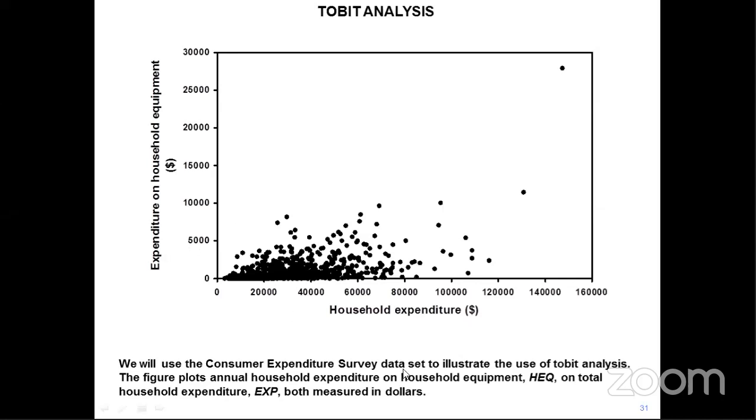So out of their total expenditure, how much the household spent on household equipment. Both of these variables are measured in dollar terms. Observing this, most of the variables are censored towards the lower limit, with the lower levels of income.